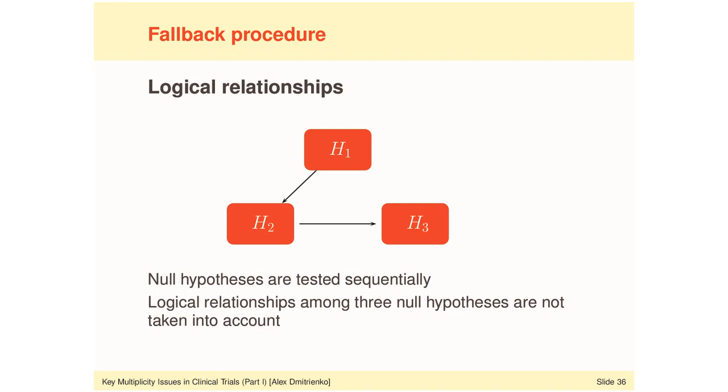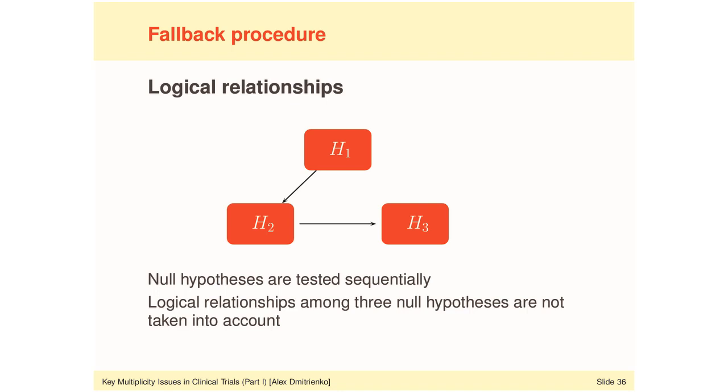The arrow tells us that the fallback procedure begins with the hypothesis H1, which is the null hypothesis corresponding to the high dose. And after H1 is rejected or not rejected, it will always proceed to H2, which is based on the comparison between the medium dose and placebo. And then after that, it's going to proceed to H3, the hypothesis that relies on the low dose.